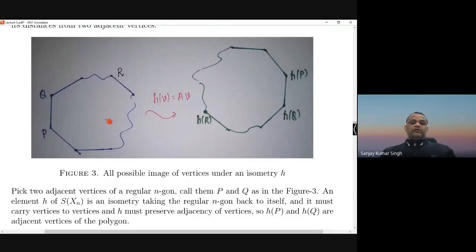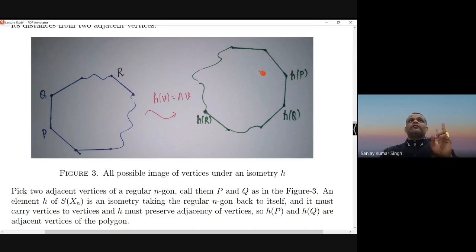Now, where will P go? Suppose it has n vertices, then what will be the choice of P under any isometry? It can be any vertex. So this vertex P can go to any vertex, and that's why it has n choices. Now, what about the choice of Q? Since HP is fixed and Q is adjacent to P, and from HP there are only two sides, adjacent sides are either this way or this.